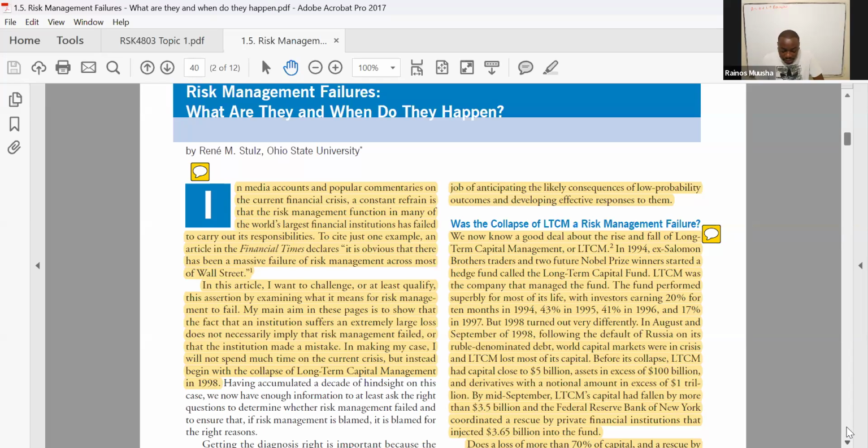To cite just one example, an article in the Financial Times declares it is obvious that there has been a massive failure of risk management across most of Wall Street.